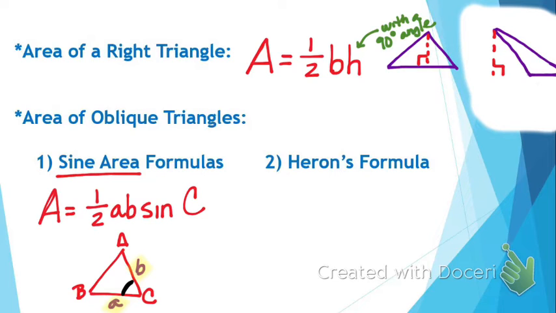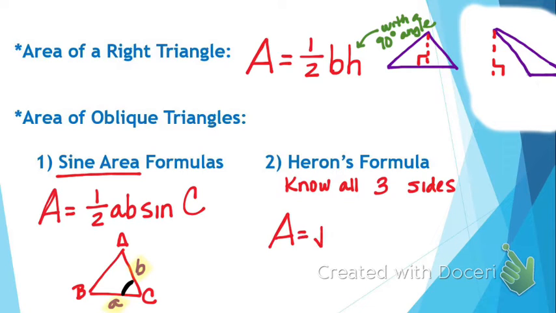And the last way to find an area is called Heron's formula. For Heron's, you just need to know all 3 sides. You must know all 3 sides. You don't need to know any angles. So what that formula says, the whole thing is under a square root.